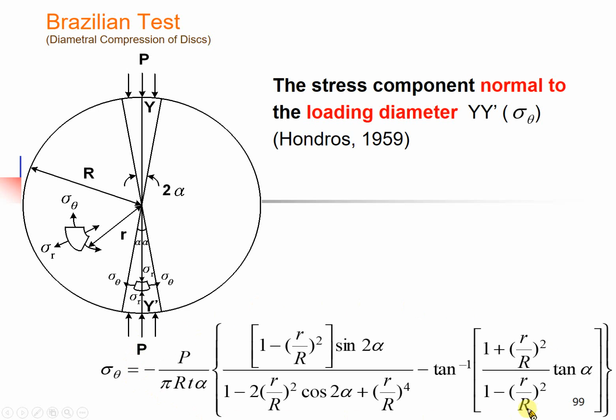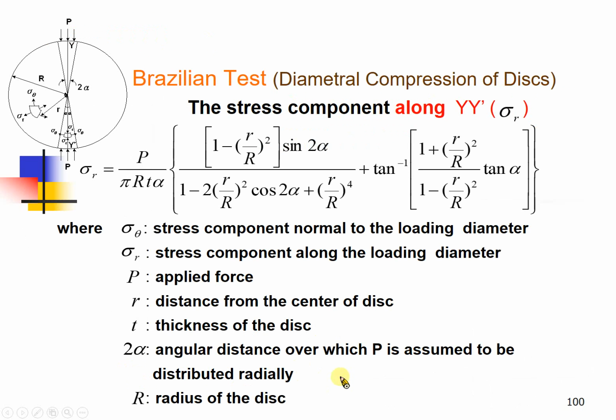You can easily get this kind of solution. Okay. And the radial stress will also be a function of the location. And of course, this alpha will be how large the load applied to this disk is. Understand? This will be alpha and this will be alpha. And the total will be 2 alpha.